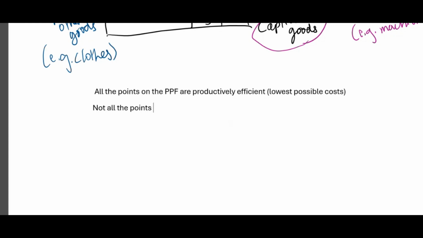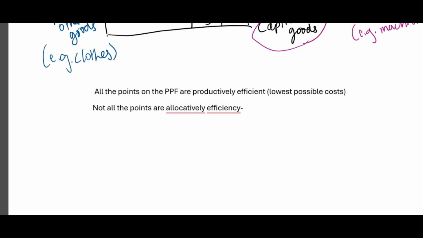And then not all the points are allocatively efficient. Do you know what allocative efficiency is? Is it that they're not allocated efficiently? I actually have no idea.